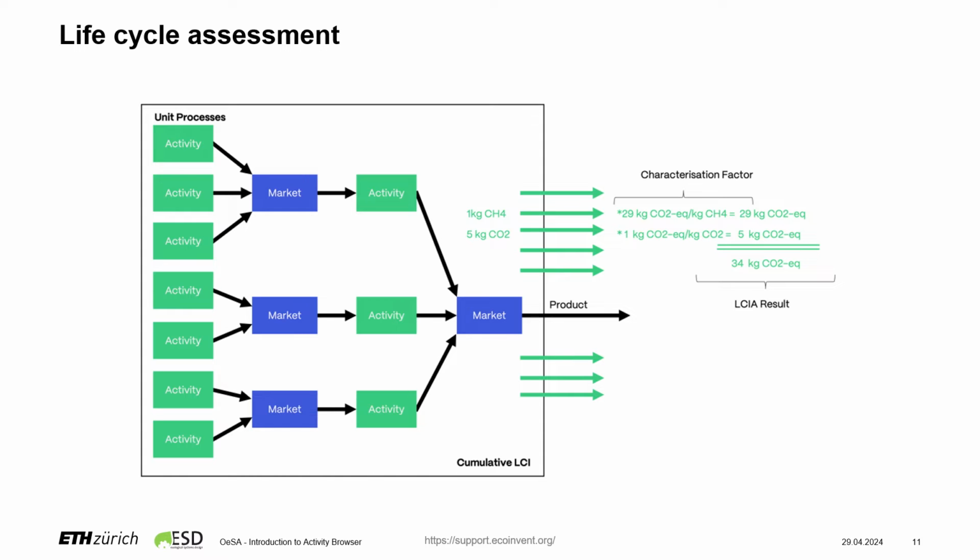In the end, you accumulate all of them, and we have a list of the elementary exchanges with all of their values, so how much emissions are caused in the supply chain. This is called the cumulative life cycle inventory.